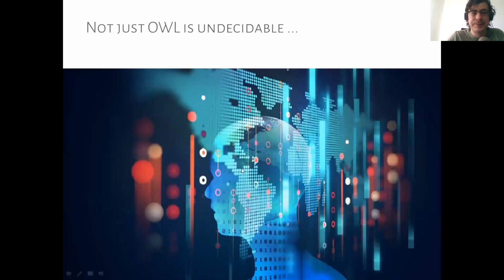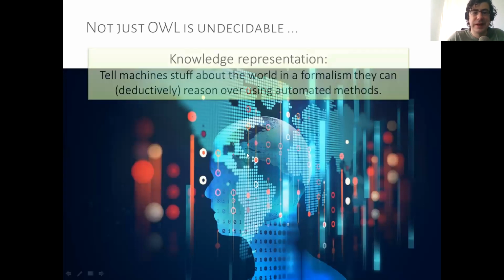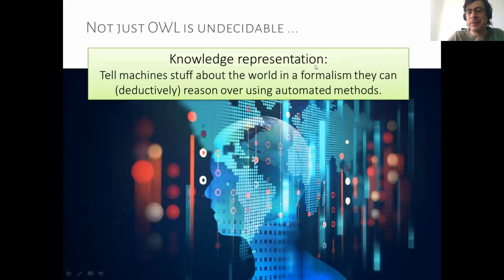So, okay. This is not just for OWL. This proof isn't just that OWL is undecidable, but there's this general idea of knowledge representation being undecidable. This is the idea of telling machines stuff about the world in some formal way, and then asking them questions about what they can conclude about the world, right? So this idea of representing knowledge in a machine-readable, machine-processable format, like ontologies as we see here.